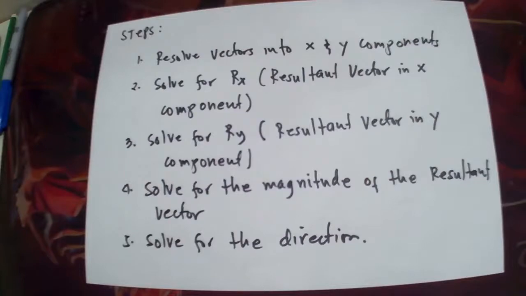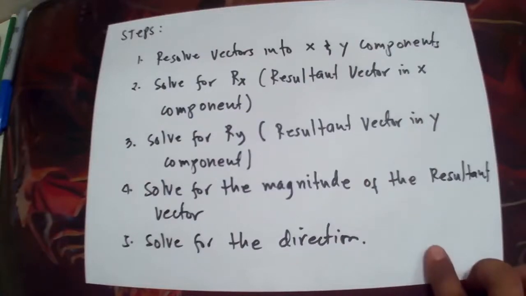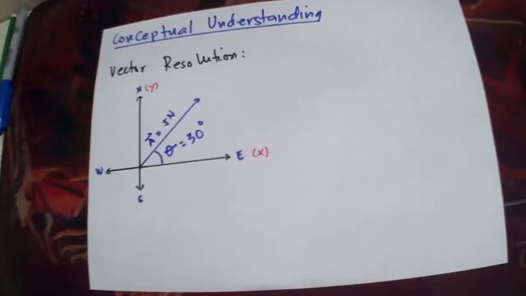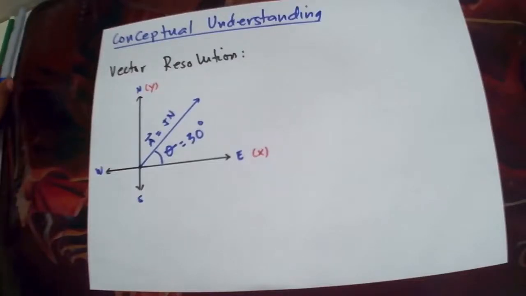Having said that, let's go to our conceptual understanding. Let us have the conceptual understanding of the component method, so that we have a uniform understanding of the terms that I am going to use in solving the sample problem.